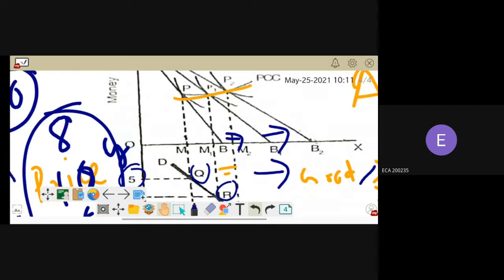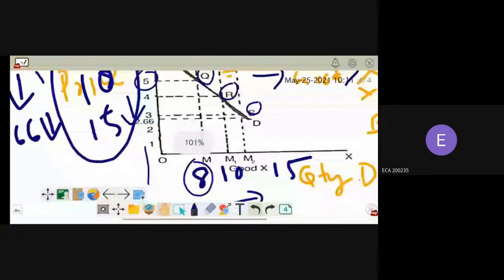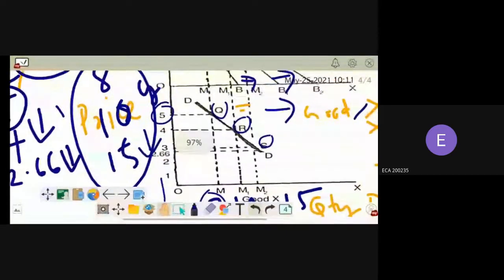What we did is just extend this P1M1 line and P2M2 lines to the x-axis, and thus we got these points Q, R, S corresponding to various levels of quantity and prices.